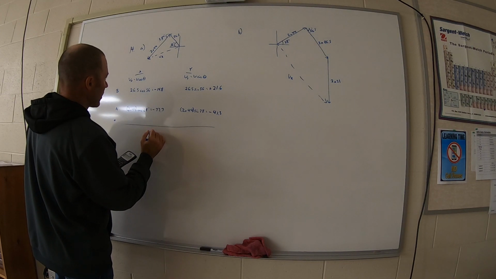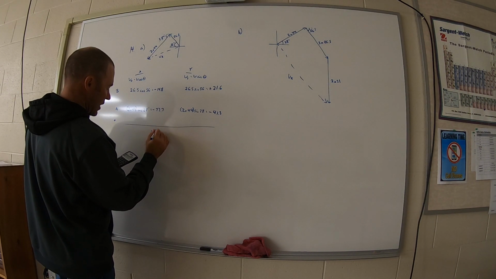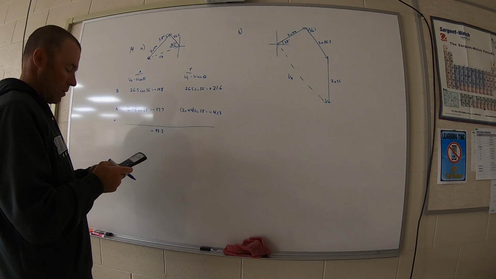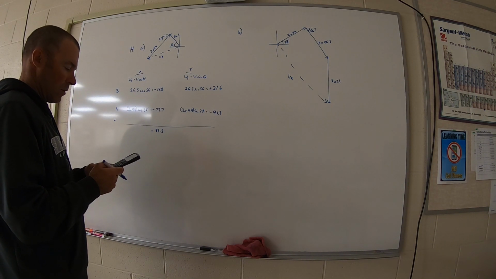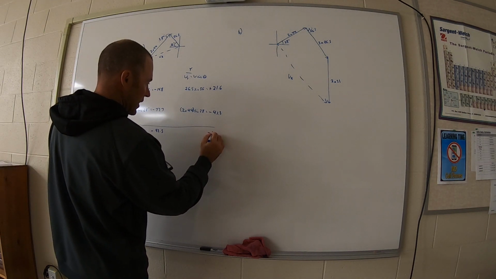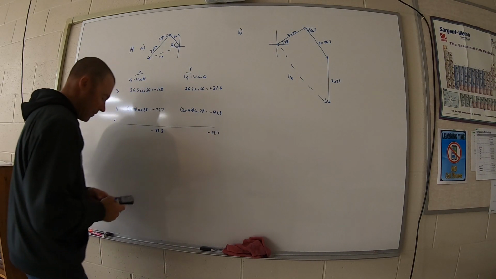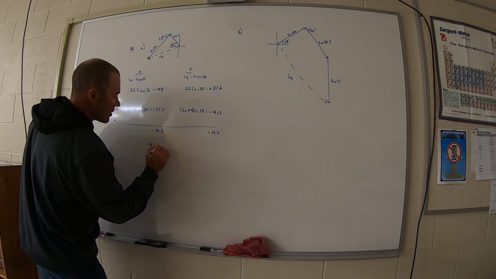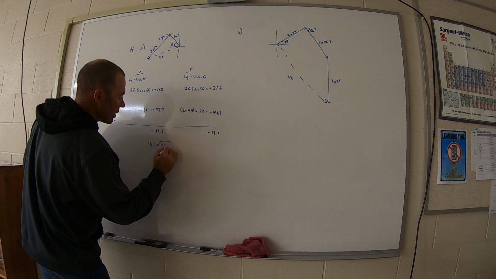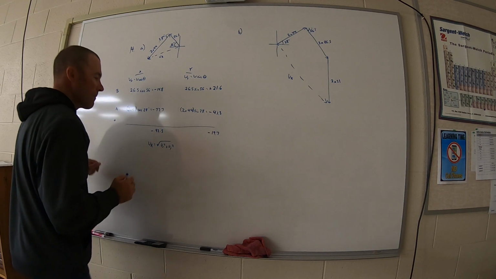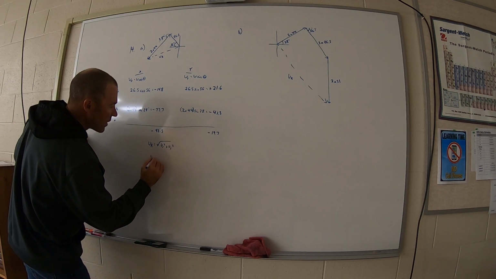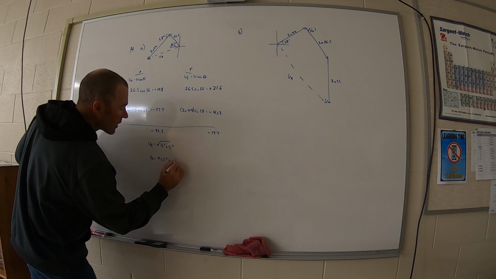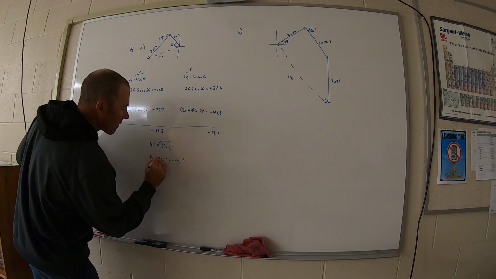So the x components are negative 92.5. The y components are negative 19.7. And so we can say VR is equal to the square root of Vx squared plus Vy squared. Or VR is equal to the square root of 92.5 squared plus negative 19.7 squared.